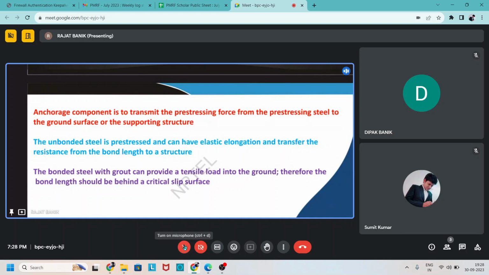Unbonded steel faces elastic elongation and transfers the resistance to resist the ground. But bonded steel, which is applied with the ground, provides the tensile load into the ground, and it is mostly used behind the failure surface. That means it is applied behind the failure surface, mostly in the resistance zone.